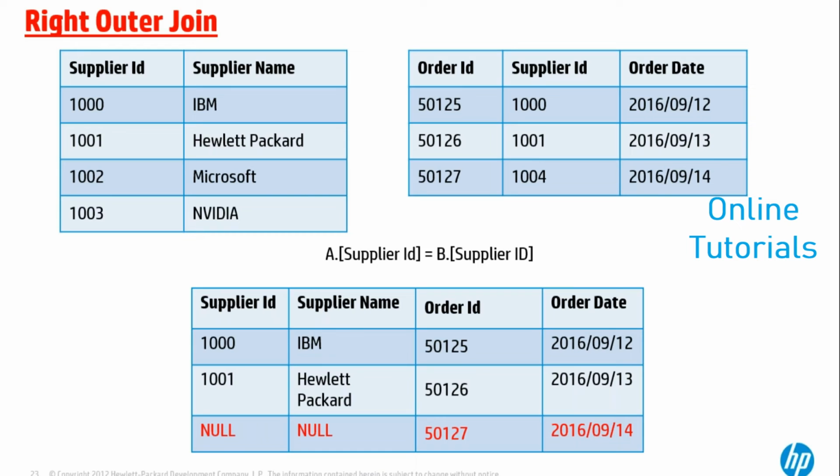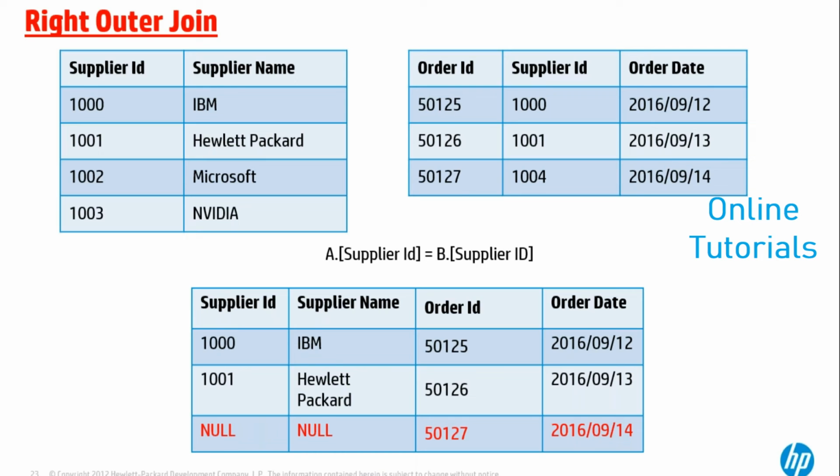I think supplier ID 1004 is not available in table A, so it would display as a result because it's a right outer join.